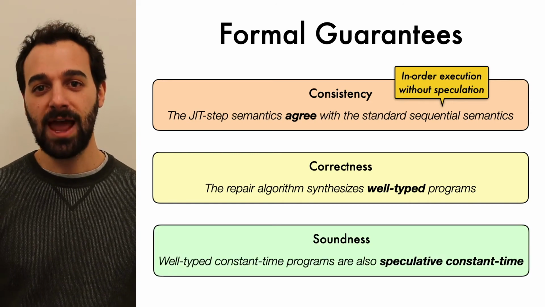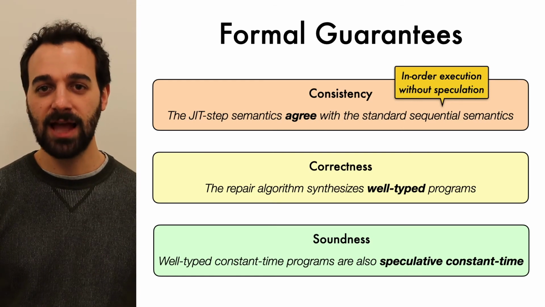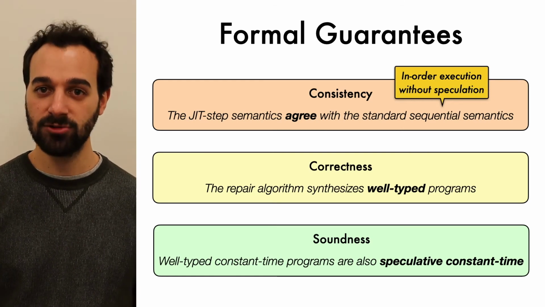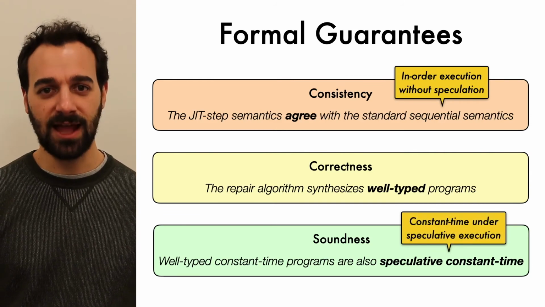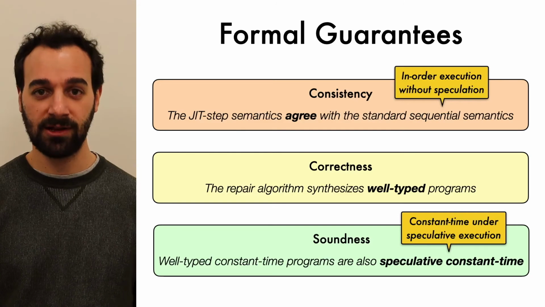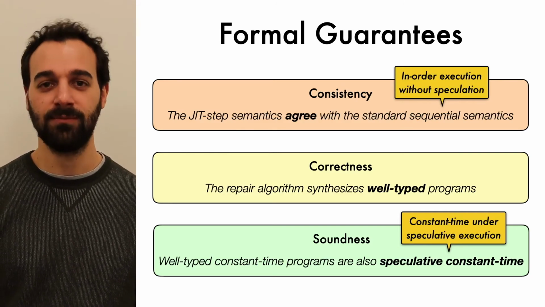Lastly, we connect the type system to our JIT semantics by proving that well-typed constant time programs are also speculative constant time. This result extends the sequential constant time guarantees of verified cryptographic code to our speculative execution model.